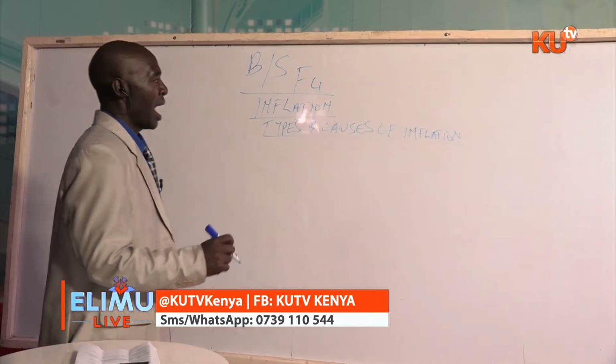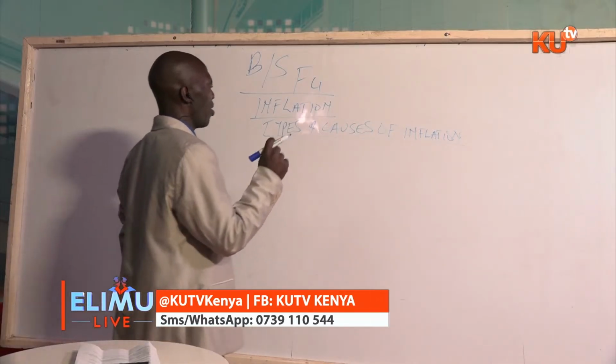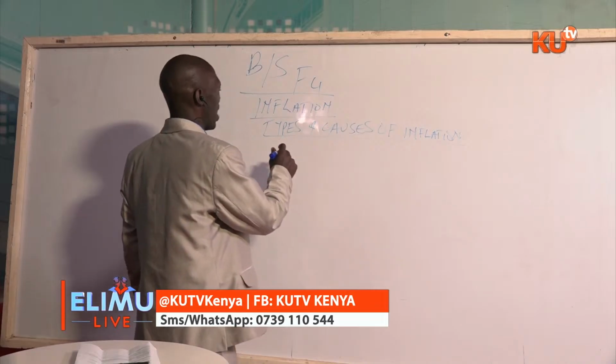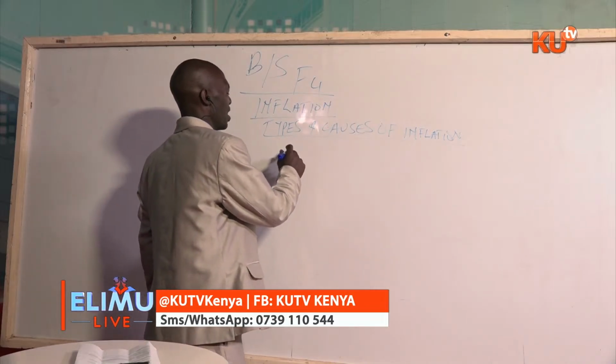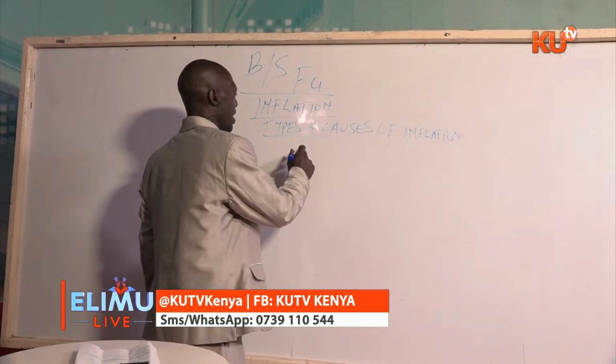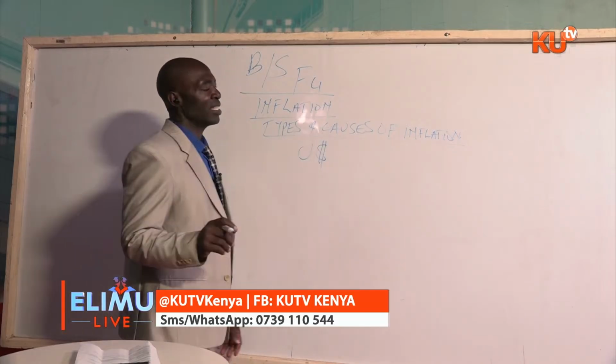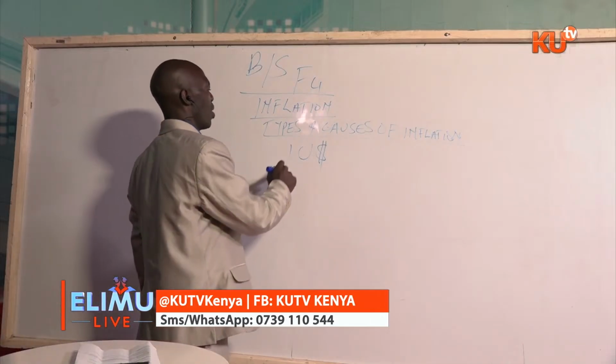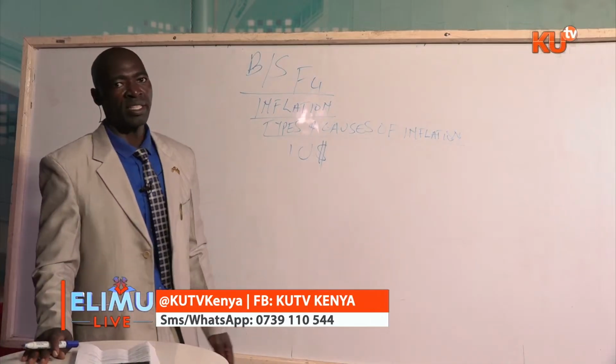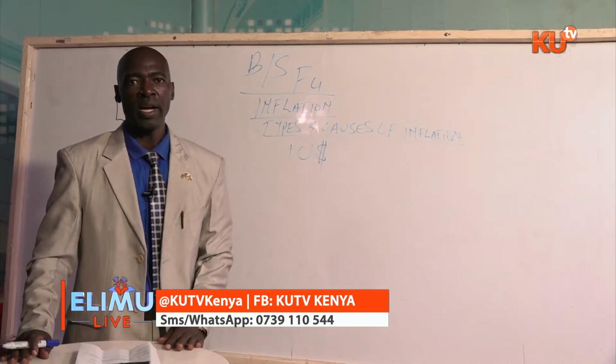Now in this case, how do you measure the strength of a currency? The purchasing power of a currency. Let's say, for example, the currency that is recognized worldwide is the US dollar. That is the strongest and most popular currency.